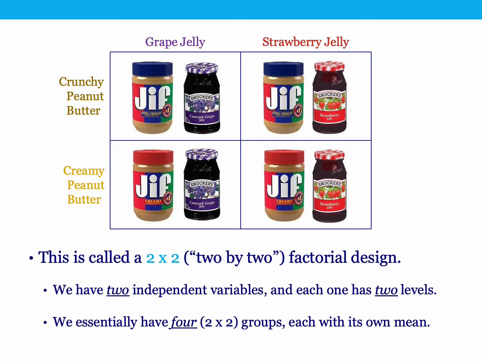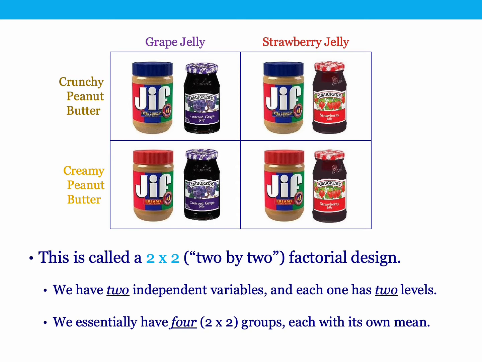So we have two independent variables, and each has two levels, right? So we have IV1 is peanut butter, and the two levels are crunchy versus creamy. And the second independent variable is jelly, and it's grape versus strawberry.